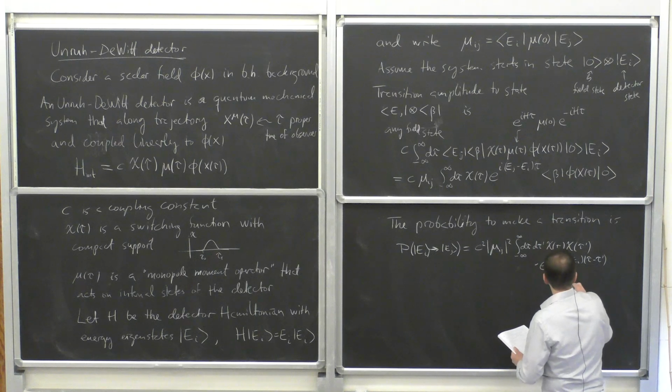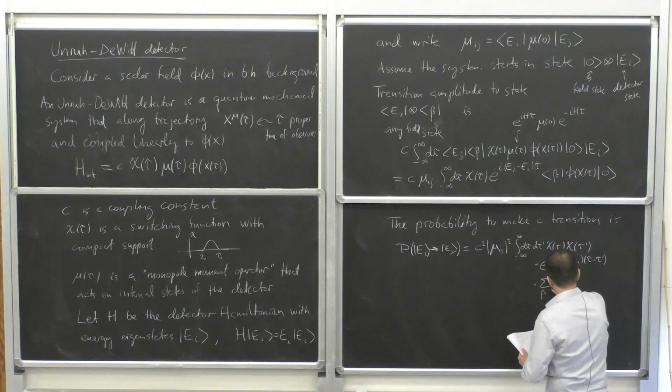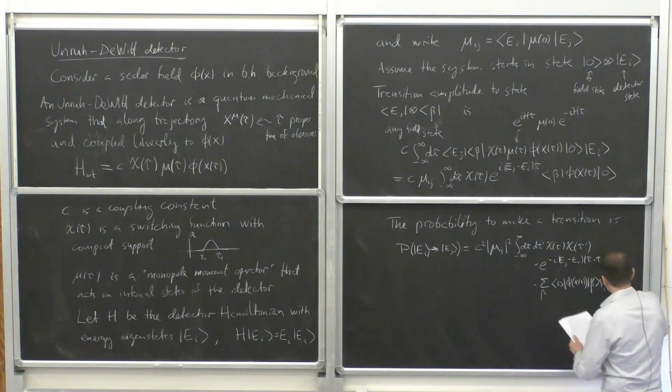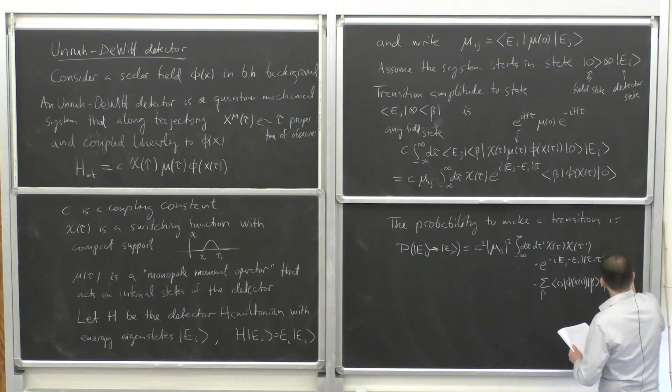Well, there's going to be a sum over all beta of phi of x of tau, beta, phi of x of tau prime, right?